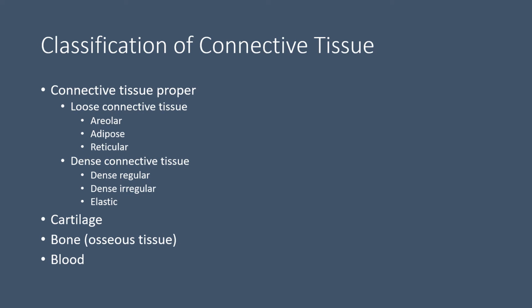Loose connective can be subdivided even further into areolar, adipose, or reticular connective tissue. The dense connective tissue is subdivided into dense regular, dense irregular, or elastic. You also have your cartilage, you have your bone, and you have blood, which is classified as a connective tissue.